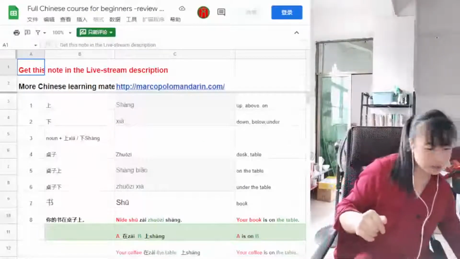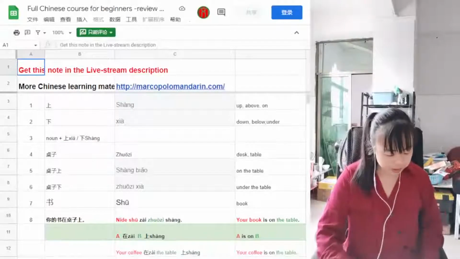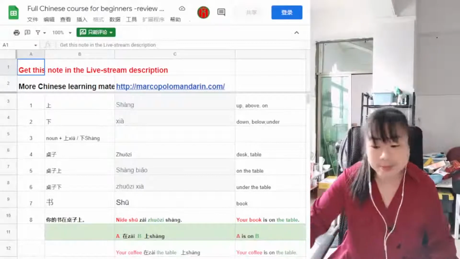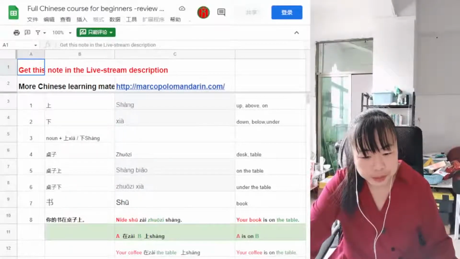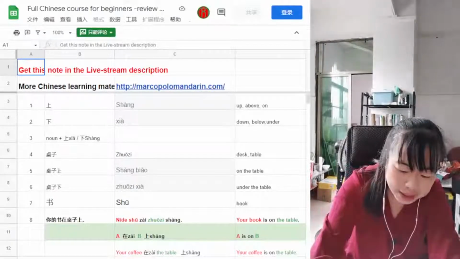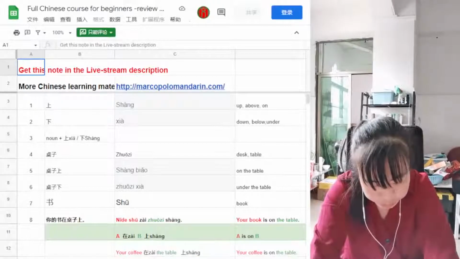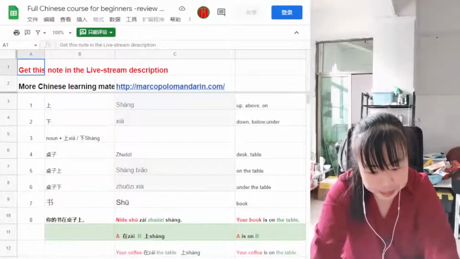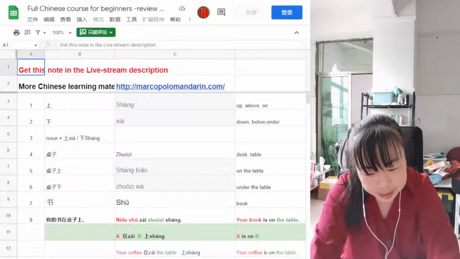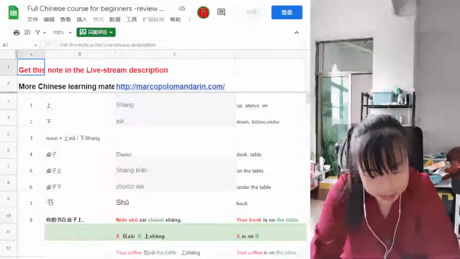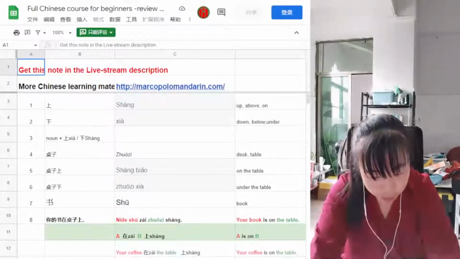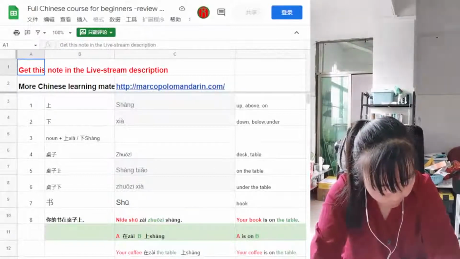Okay, so in HSK1, we are required to know 里, which means in, or 里边, 外 or 外边, 前 or 前边, 后 and 后边.